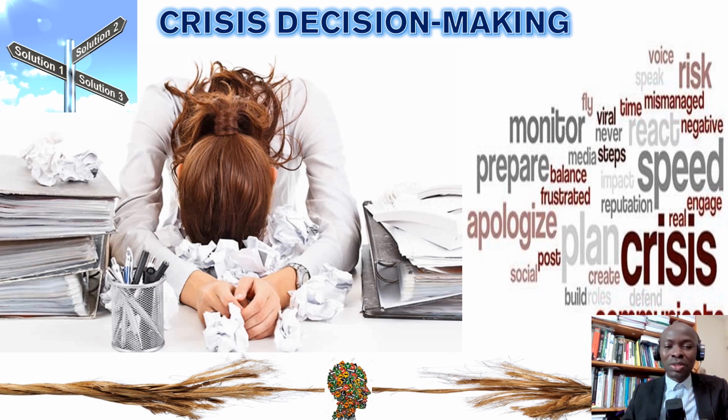Sometimes it could seem very chaotic, where managers need to make speedy and accurate decisions, smart decisions that can help to bring the organization back on track. So today we're going to look at that and see exactly what it means within the context of business continuity management.